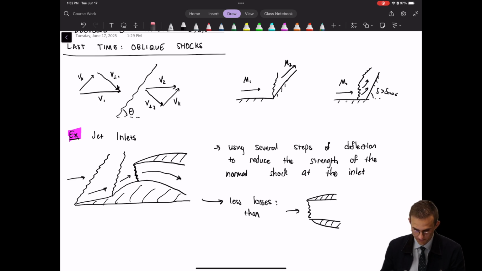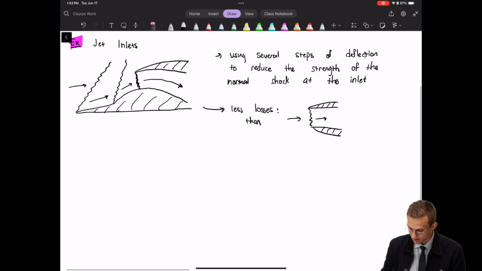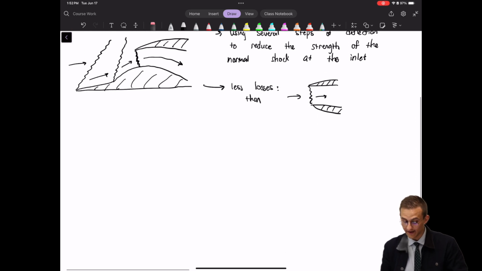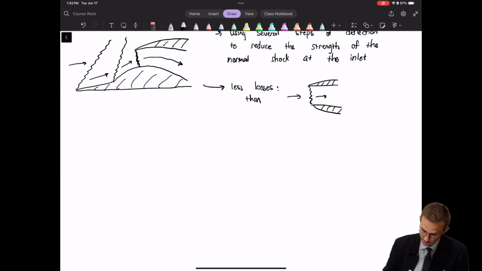So that's one way that you can use these oblique shock structures, that you often actually see them when you analyze these propulsion systems in detail.